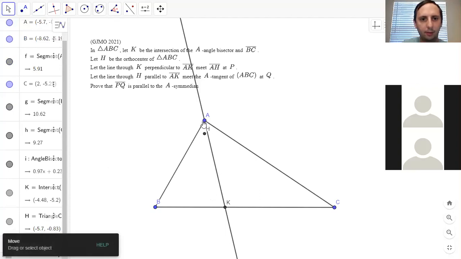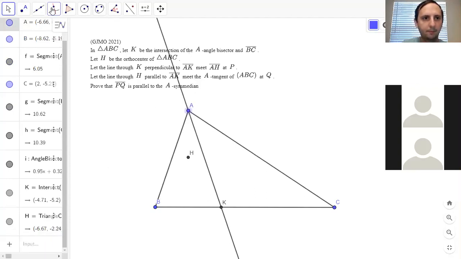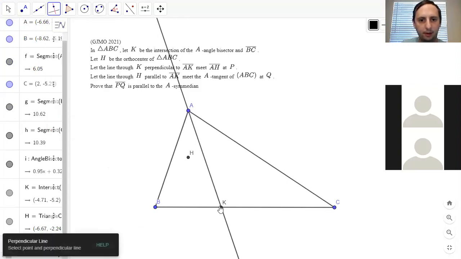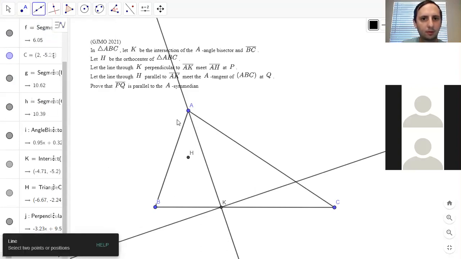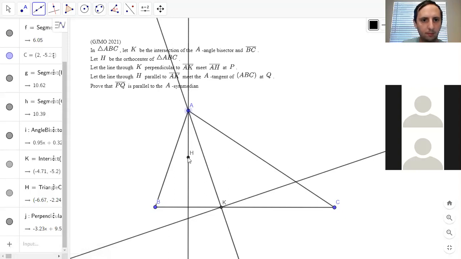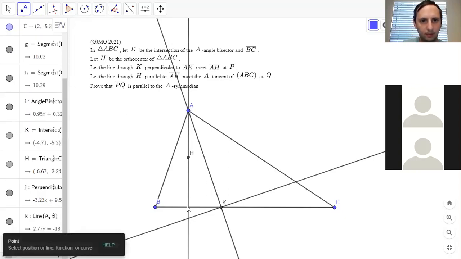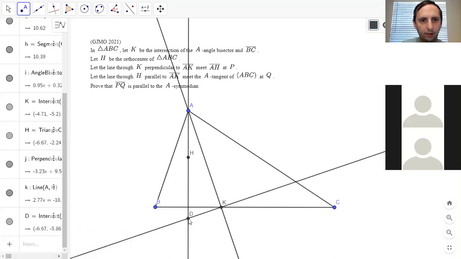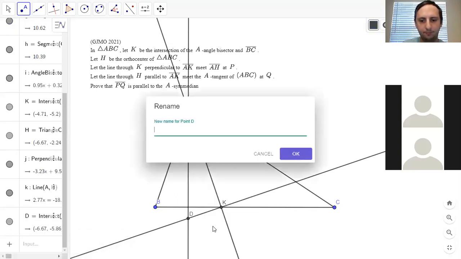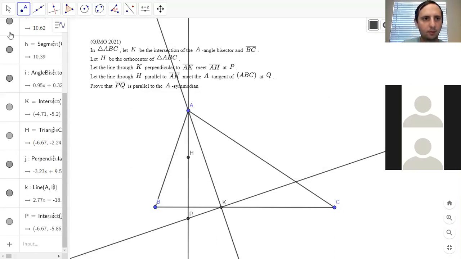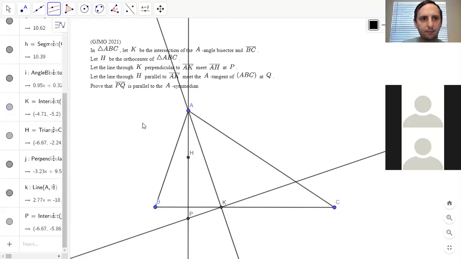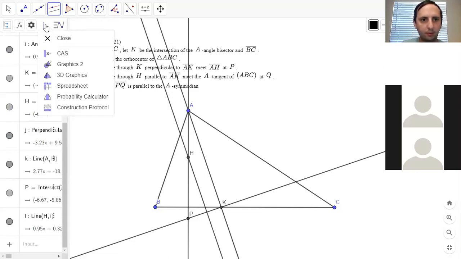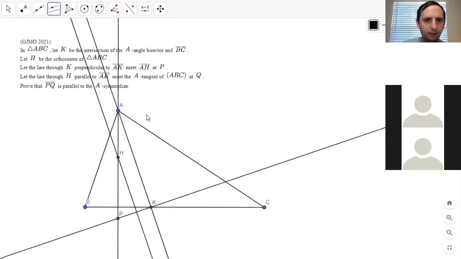The line through K perpendicular to AK, so we draw that, and it meets AH at a point P. And then we draw the line through H parallel to AK, and it meets the A tangent.